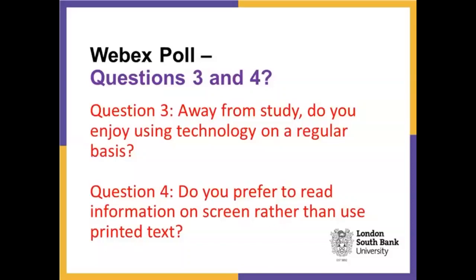Some of you might prefer a particular format, such as PDF. It's just a word of warning, because on your programs you will have very long reading lists for each module. You will be able to access some of the books at the library, but a lot of the time the resources are actually online, so it may not always be possible for you to have a printed version.